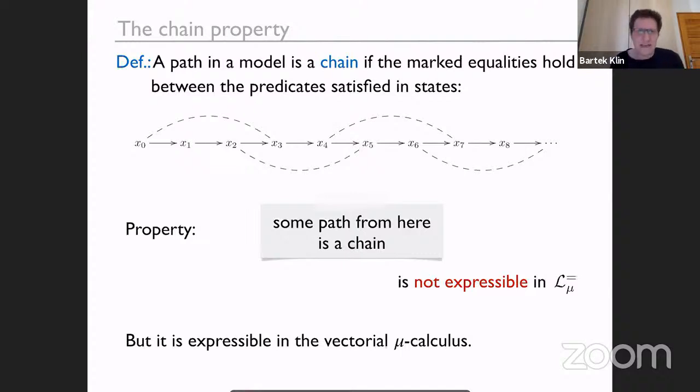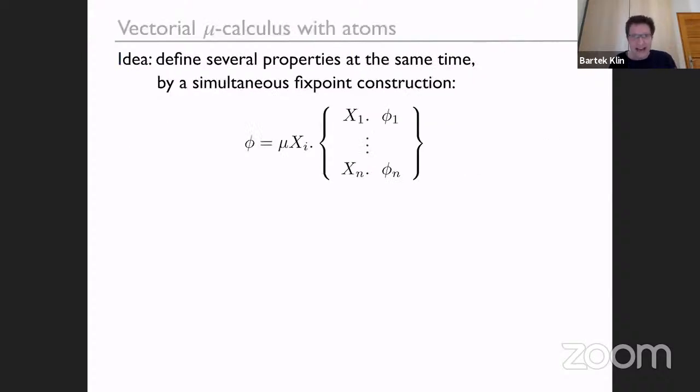Now, let me very briefly recall what a vectorial μ-calculus is. It is a notion from the classical theory of μ-calculus, and the idea is that in the vectorial calculus, you don't define a single variable by a fixed point. Instead, you define a few of them, finitely many of them, by simultaneous fixed point construction.